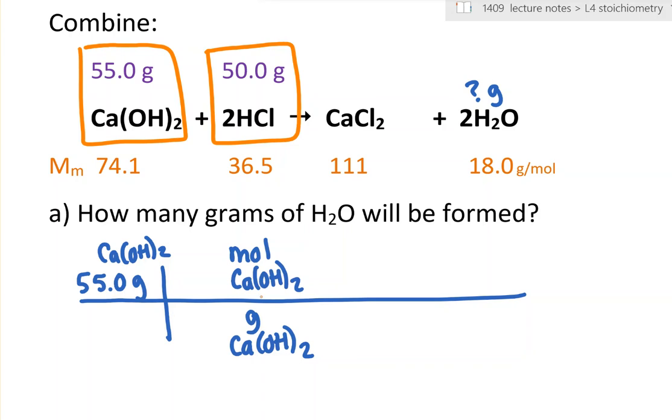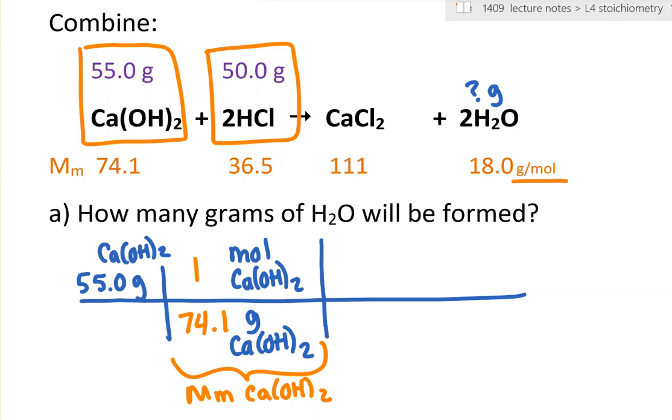As usual, my first step is to convert to moles, and I do that using the molar mass of calcium hydroxide. I have been given that, 74.1. Molar mass is always grams per mole, so the 74.1 goes down here with the grams and a 1 with the moles.